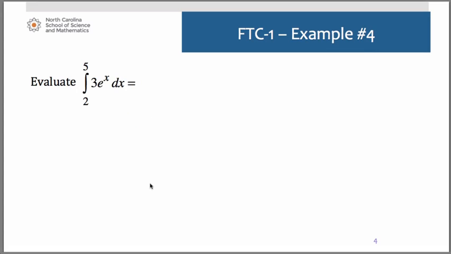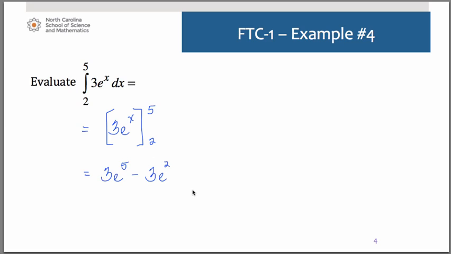Now we're going to look at an exponential function evaluating the integral from 2 to 5 of 3e to the x dx. Taking the antiderivative of e to the x is simply e to the x. We substitute in 5 first as the upper limit of integration, minus substituting in the 2 as the lower limit.